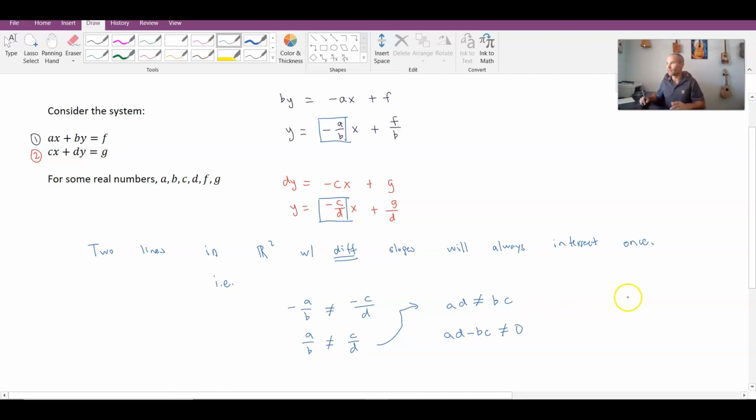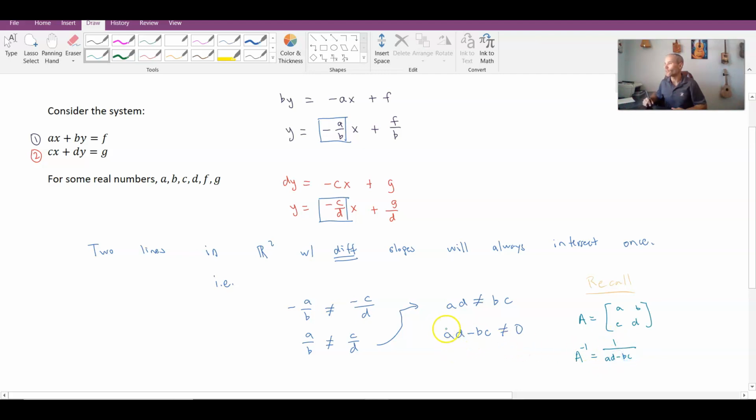Now that's interesting because in the computation for matrix A, we recall that if A has components A, B, C, and D, then A inverse will equal 1 over AD minus BC.